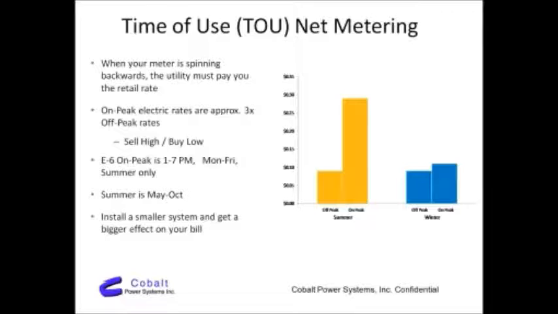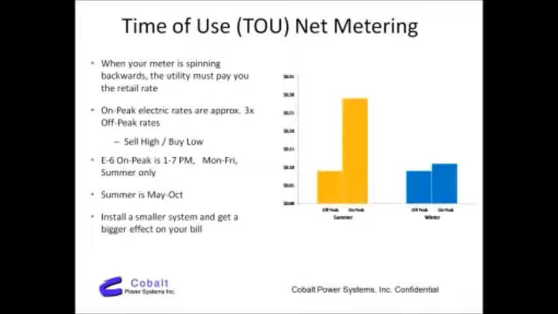Okay, so let's talk about time of use metering, and I'm going to go through this a little bit quickly, but this is a wonderful example of something that just works out perfectly in our favor, which doesn't happen in life very often. PG&E has had a rate schedule for electricity called time of use for many, many years.